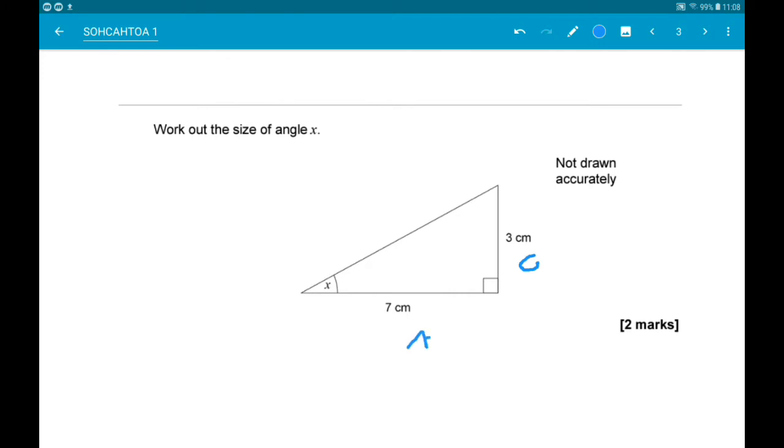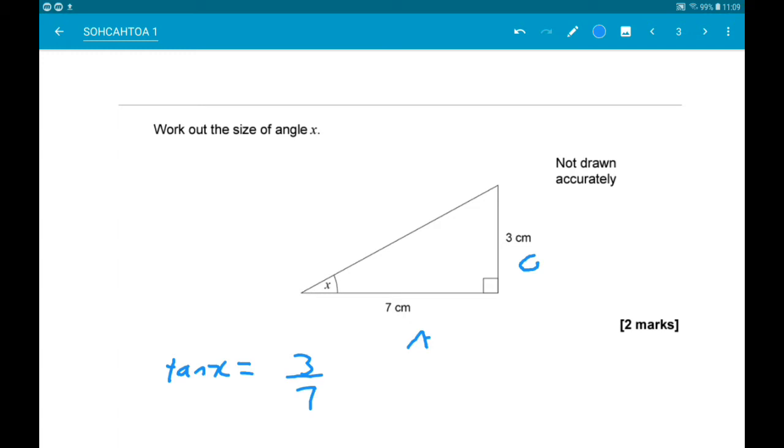So is it SOH? No. CAH? No. TOA? Yes, because we have O and A. Now TOA tells us tan x is opposite over adjacent, so 3 over 7.